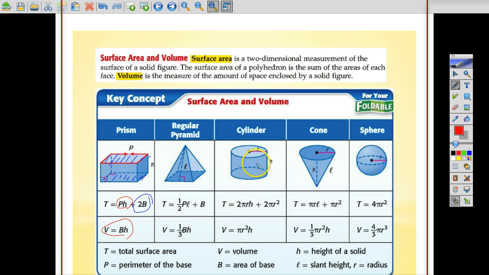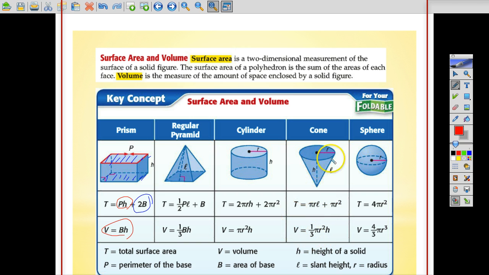For a cylinder, the surface area is 2 pi r h plus 2 pi r squared. For the volume, you're going to do pi r squared times h. For a cone, the surface area is pi r L, where L is the slant height, plus pi r squared.